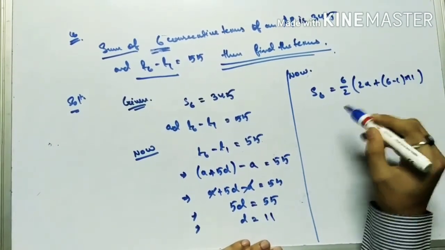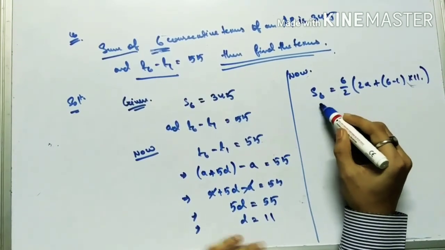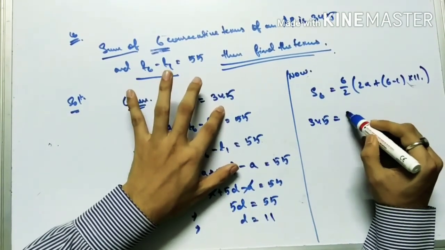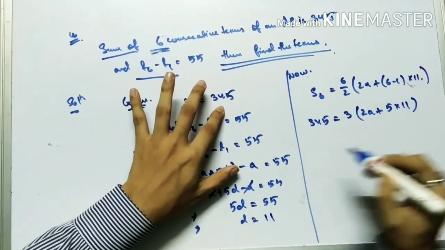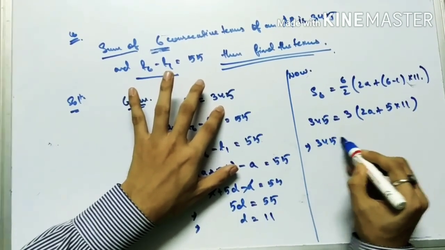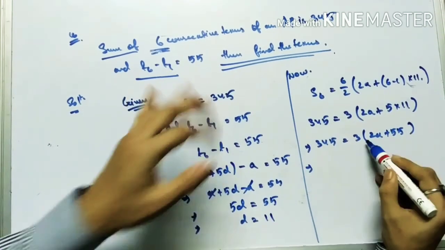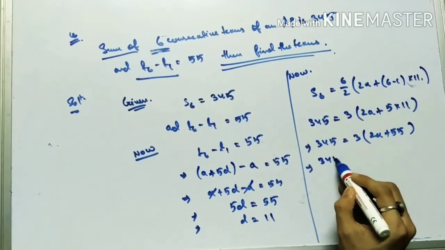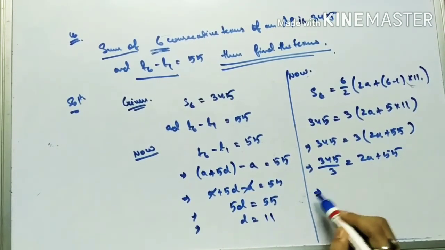Now the S6 value is given as 345, equals 6 by 2, which is 3, into twice A plus 5 into 11. So 345 equals 3 into twice A plus 55. Now if I bring the 3 to this side, 345 by 3 equals twice A plus 55.